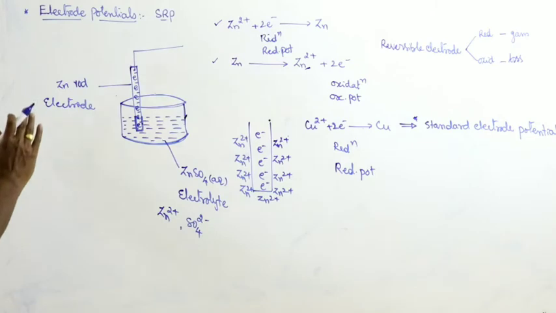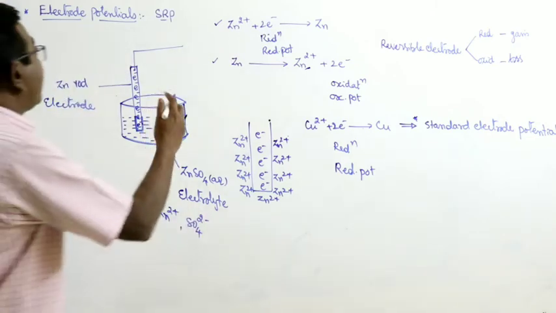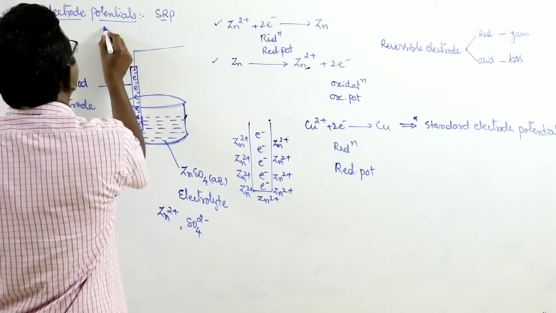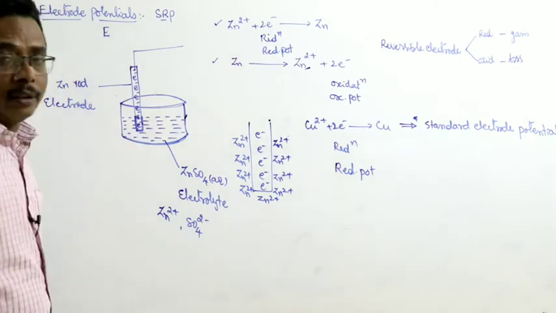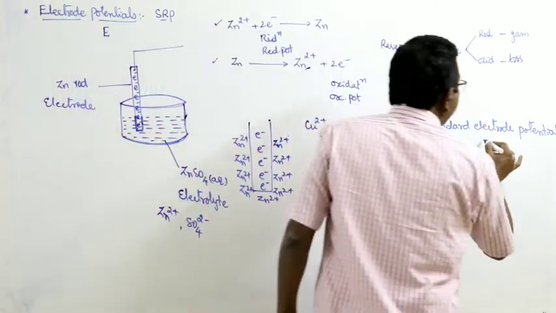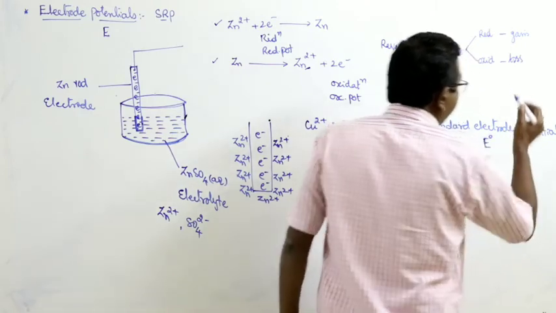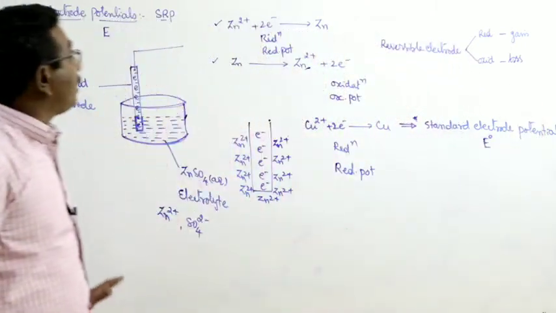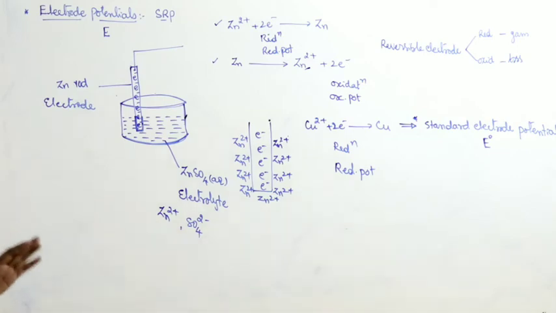What is the difference between electrode potential and standard electrode potential? Generally, electrode potentials are represented by the letter E, but the standard electrode potentials are represented by E naught. What is the difference between E and E naught of the same metal? What is standard electrode potential? Very simple.